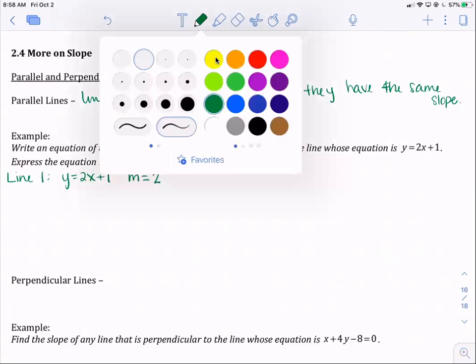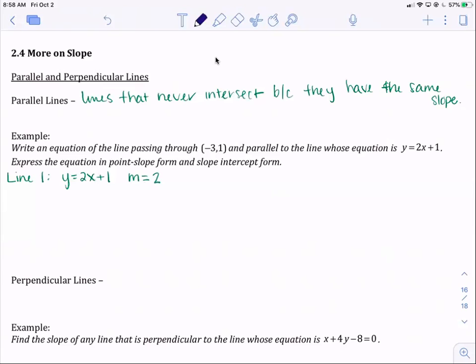So for line 2, the one we're looking at that's parallel, we know that it's parallel, which means we're going to have a slope of 2 because we know they're the same. And we know we're going through the point -3, 1.